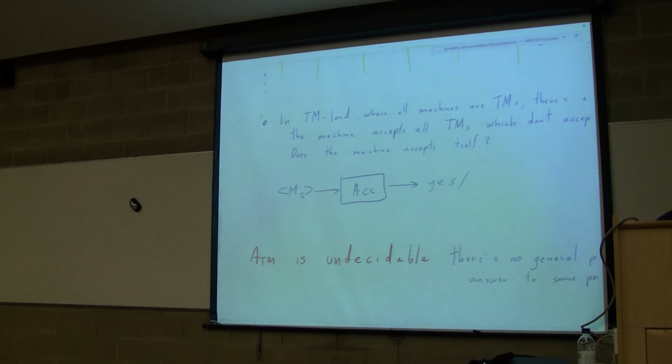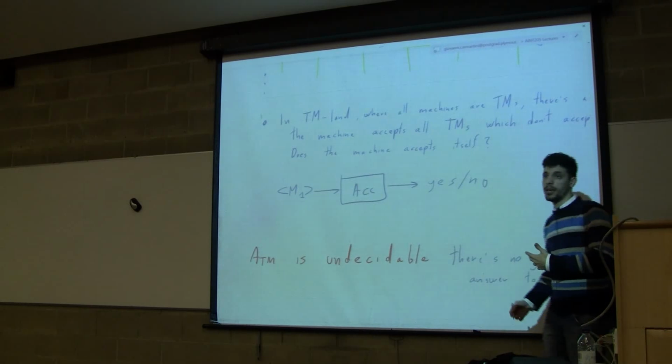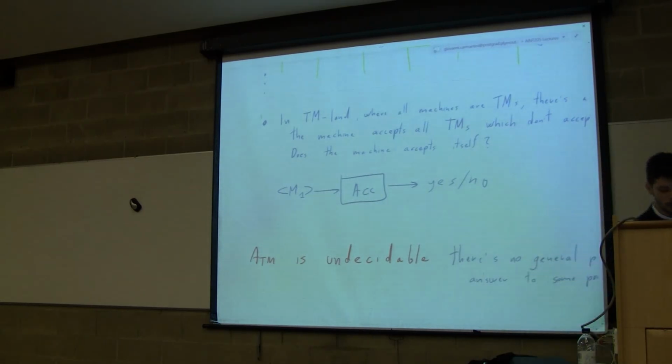But then I can easily build another algorithm which has X as a subroutine, but then it grabs this yes and makes it a no, grabs this no and makes it a yes.